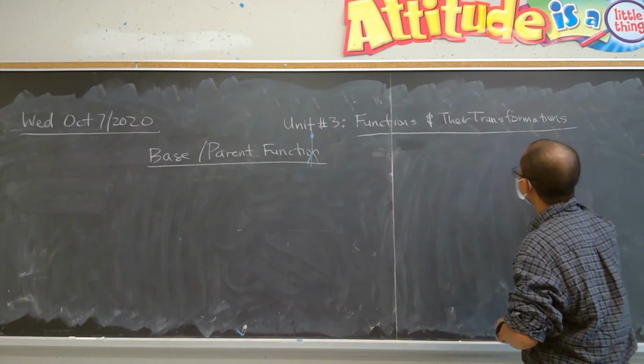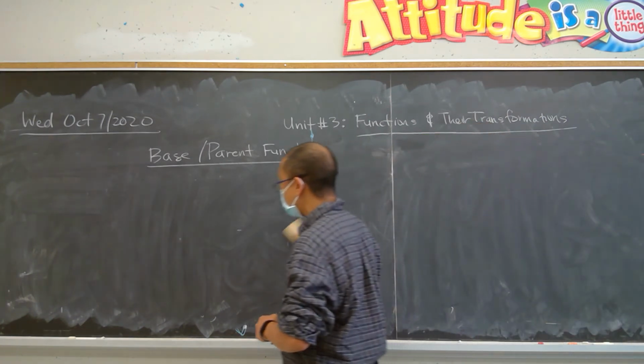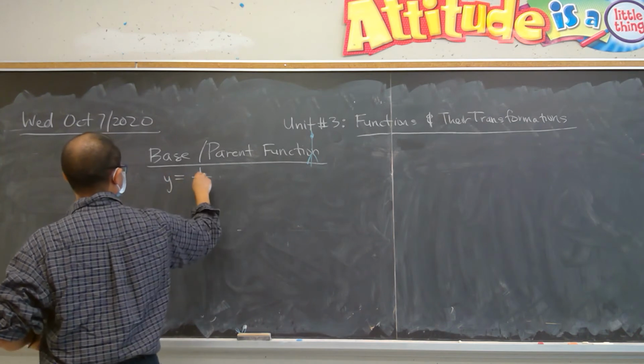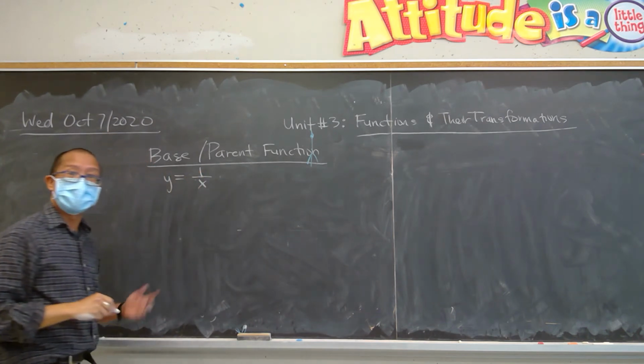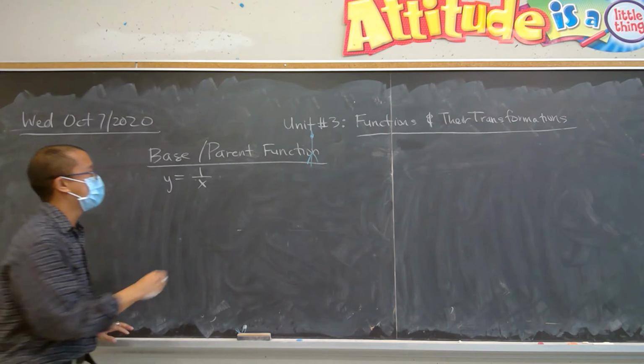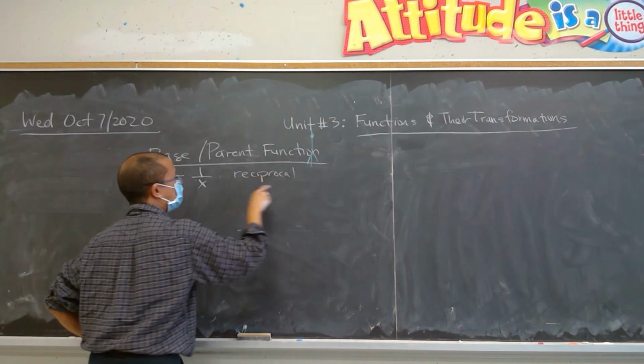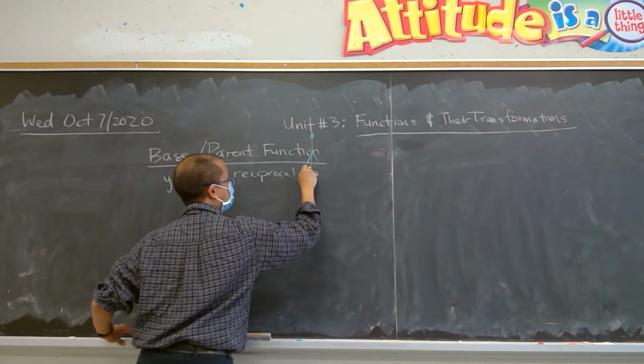Really what I'm trying to get you to do eventually is innately know what the parent functions are. But our last graph is y equals 1 over x, and it looks like y equals x, but it's 1 over x. That's why it's the reciprocal linear function.